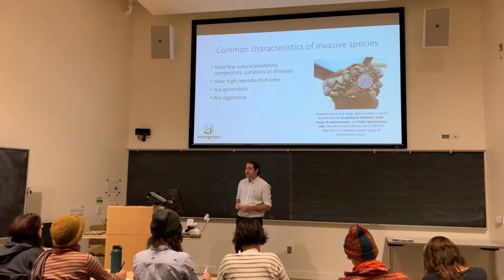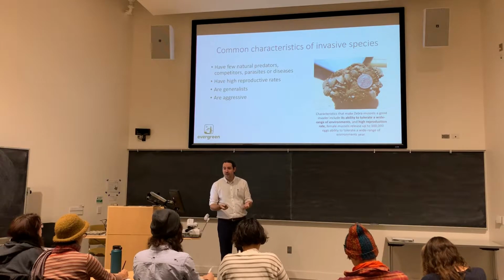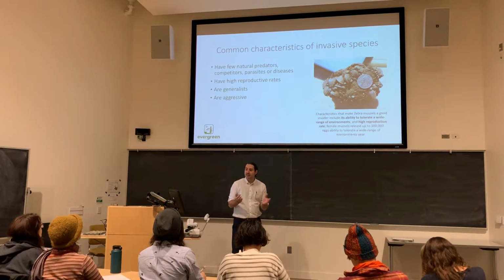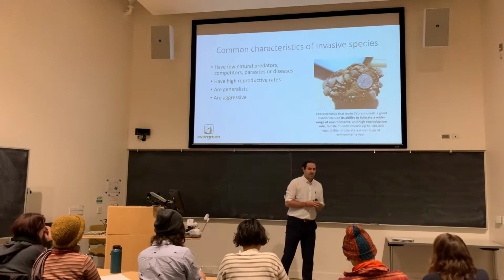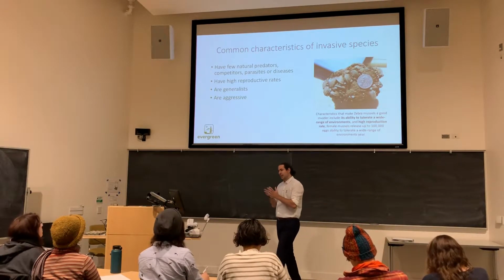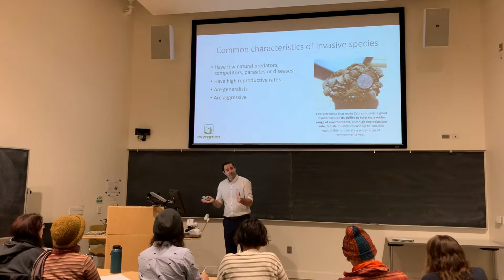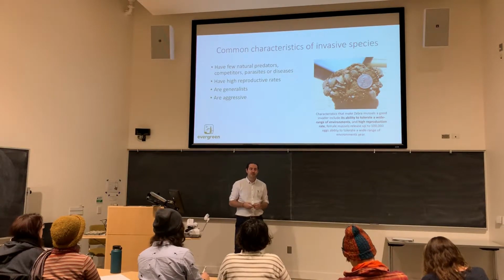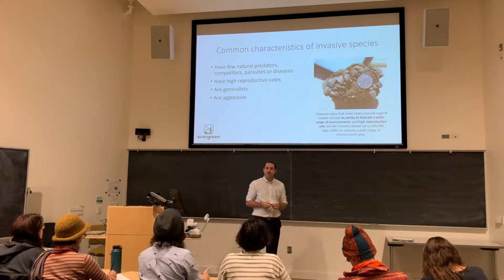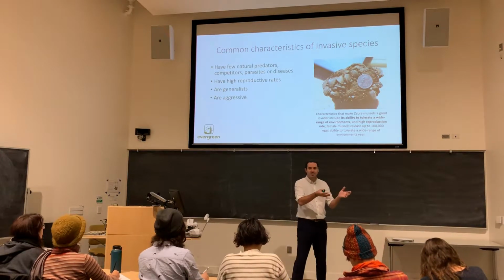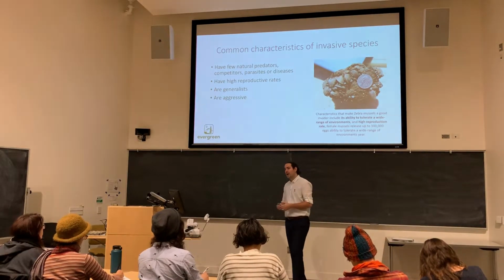They are generalist species, dietary generalists, meaning they can feed on a broad range of prey, a lot of different things. And they are usually very aggressive. So once they enter that introduced habitat, they can prey on or outcompete those native species.